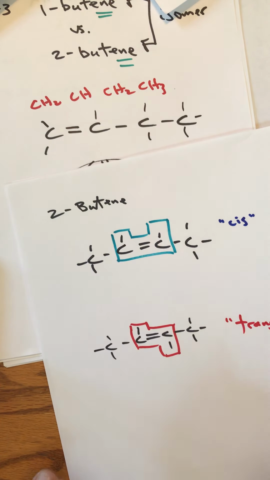If I put it here, it's on number 3. It's still C6H14. 1, 2, 3, 4, 5, 6, 7, 8, 9, 10, 11, 12, 13, 14. But now it's on the number 3 of the chain, so this is 3-methylpentane. But we're not done.